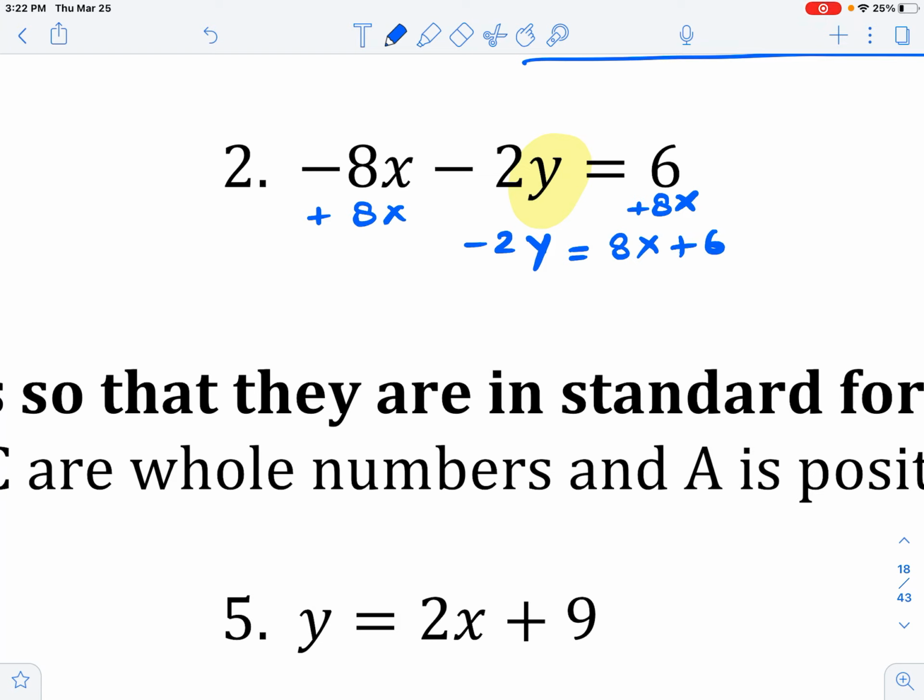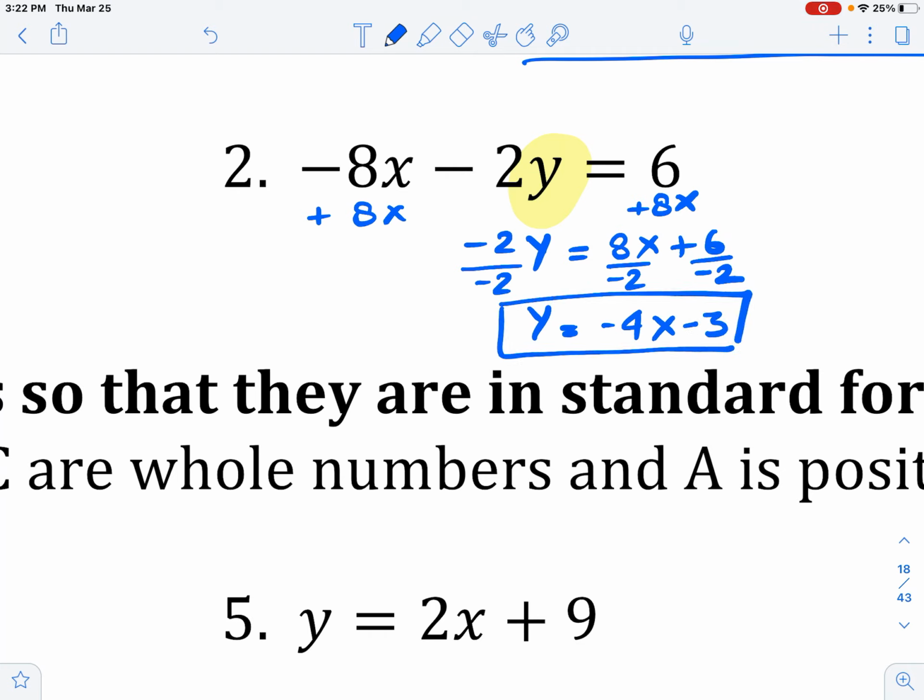Now I need to divide both sides by negative 2, to isolate the variable, and I have y equal to negative 4x, and 6 divided by 2 is 3, and plus minus is minus. So y equal to negative 4x minus 3. That's the answer for the second one.